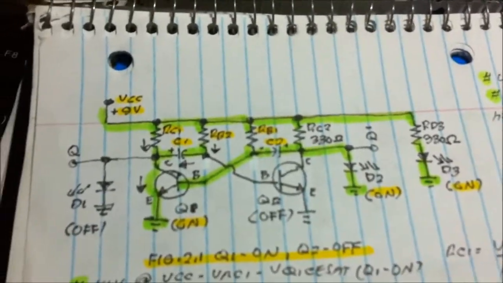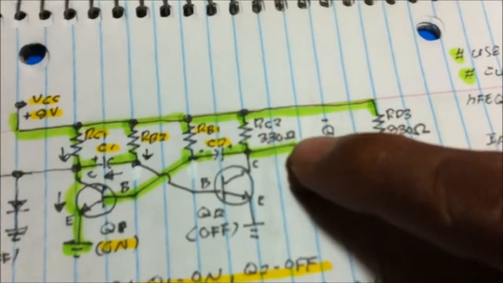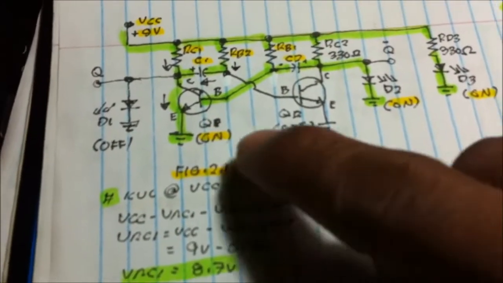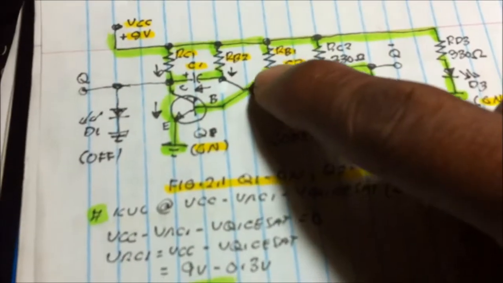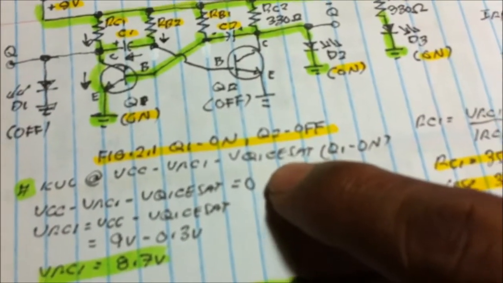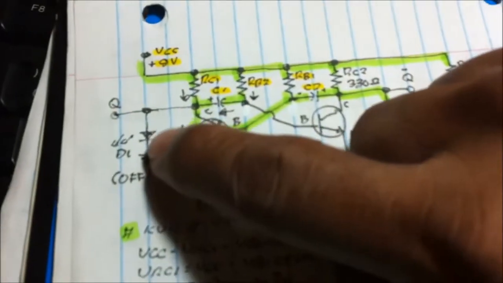Okay, let us now see another figure here. We now know the values of the two resistors, the RC2 and RD3. Now we have Q1 on, Q2 off. Still, KVL at VCC, RC1, the output side of transistor 1. There's also KVL here because this is saturated, making the output turn off.